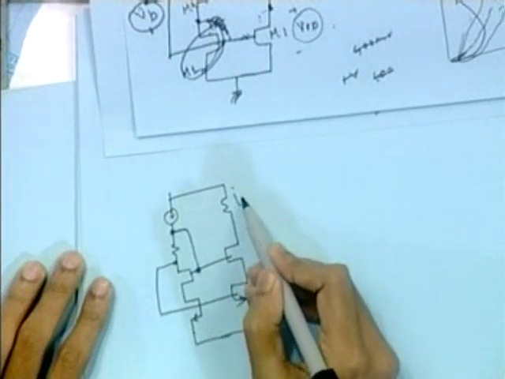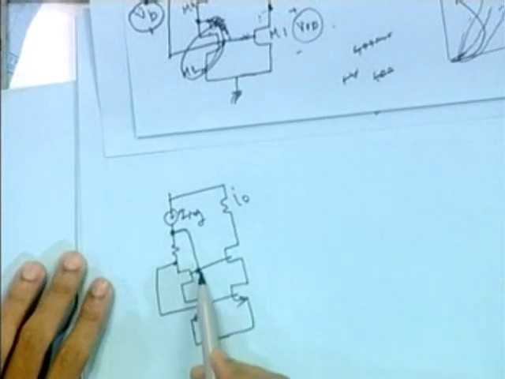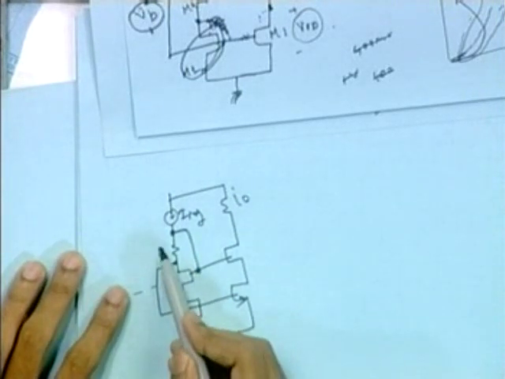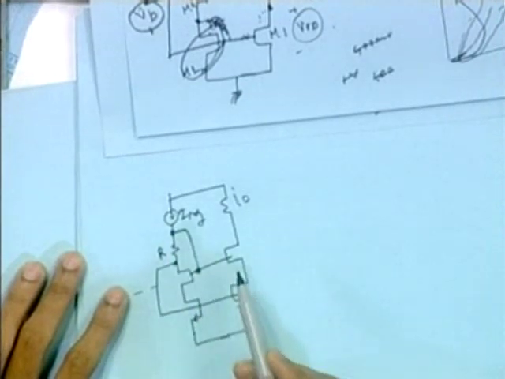This is I0, IRF. So instead of connecting a separate voltage source there, we can use a resistance R and connect the gate of these two transistors here.